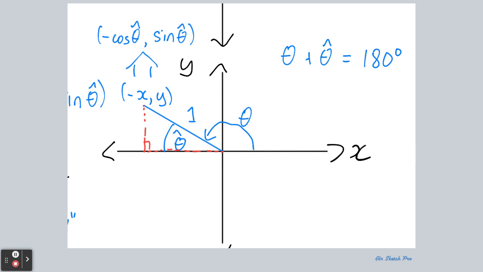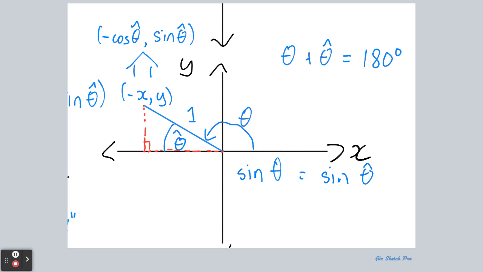Okay, so in this case, this particular angle theta, we would say that the sine of theta would be equal to the sine of theta hat, right? Why? Because the y coordinate is positive because we've gone up the y-axis. So the sine of theta, you probably need to look at what I'm doing to make sense of this, is the same as the y coordinate, which is sine of theta hat.